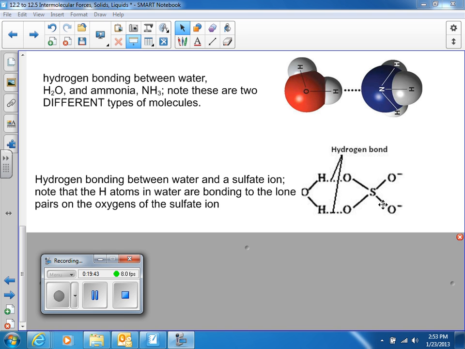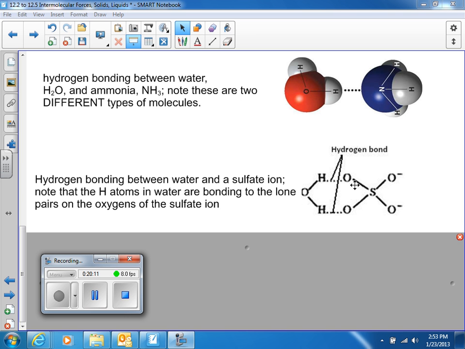So here I've got a sulfate ion, and you can hydrogen bond between a molecule and an ion. This water molecule is hydrogen bonding to the oxygen of the sulfate ion, because this oxygen has lone pairs. This oxygen has lone pairs. Notice, this sulfate ion is not itself capable of creating a hydrogen bond because it has no hydrogens.